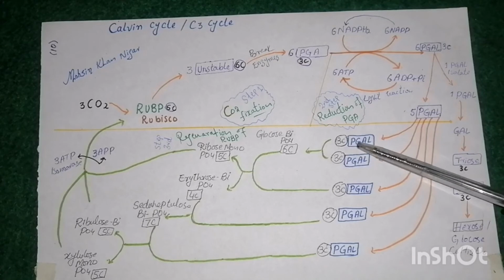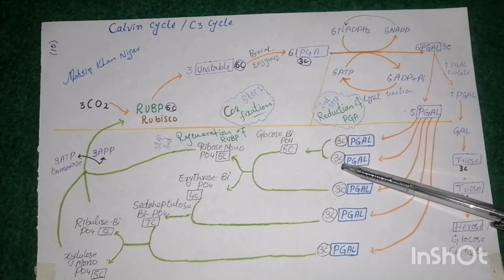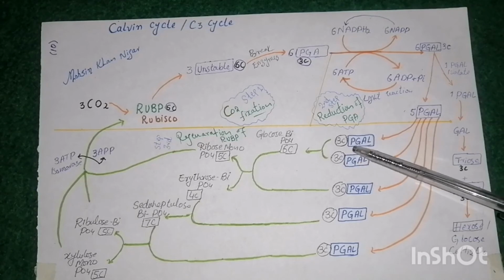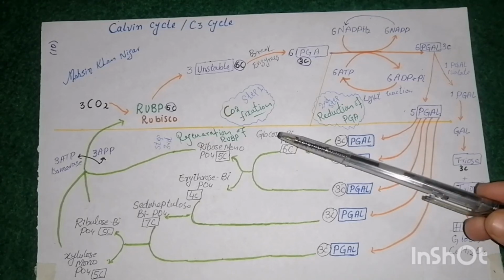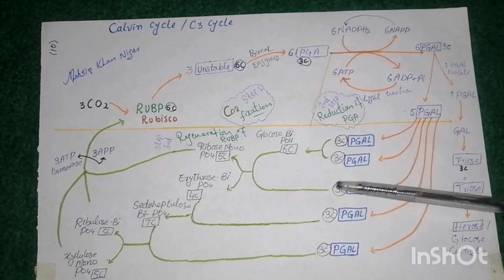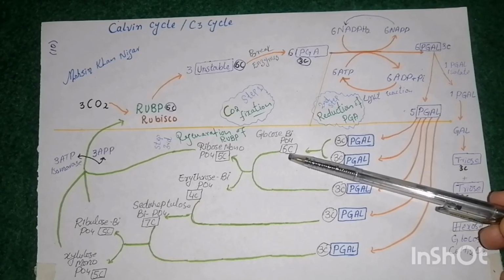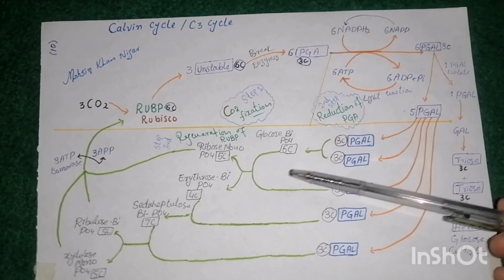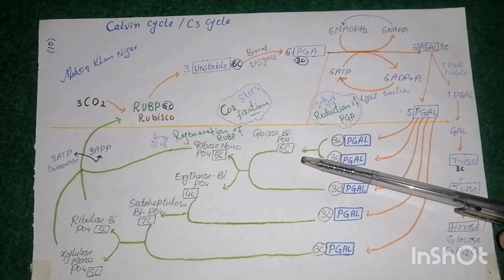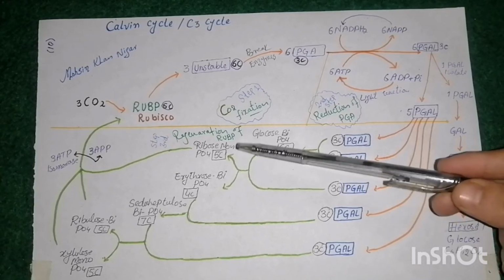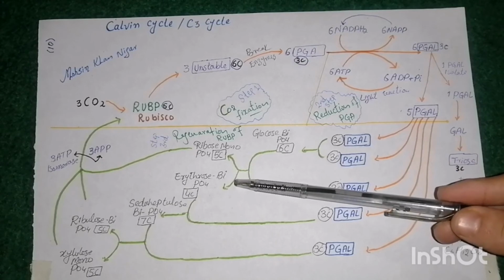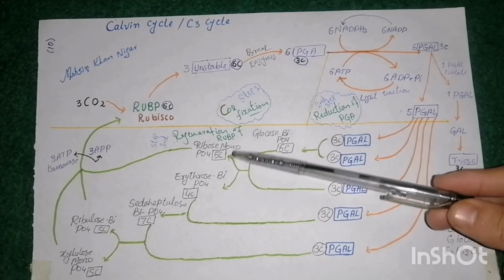You can see here these PGAL react to form the 6 carbon molecule. Now in the second step, this 6 carbon molecule reacts with another 3 carbon molecule to form 2 compounds: one is a 4 carbon compound called erythrose biphosphate, and the second one is ribose monophosphate.